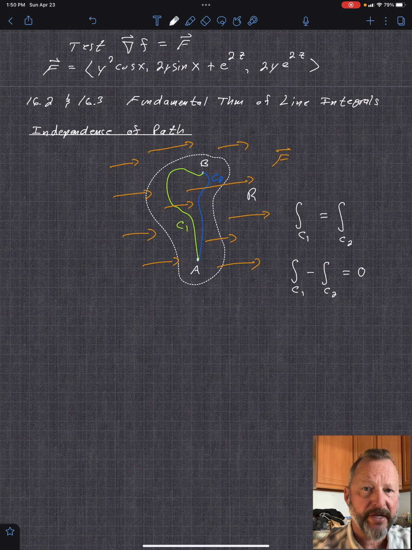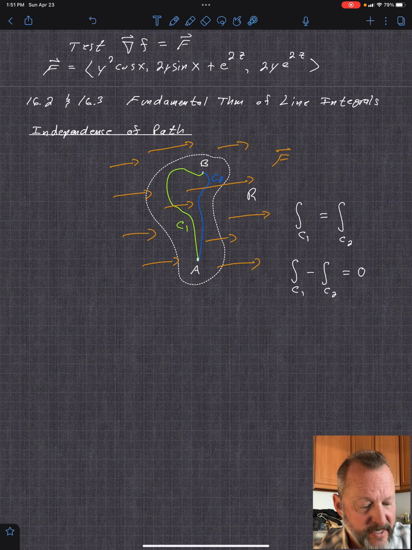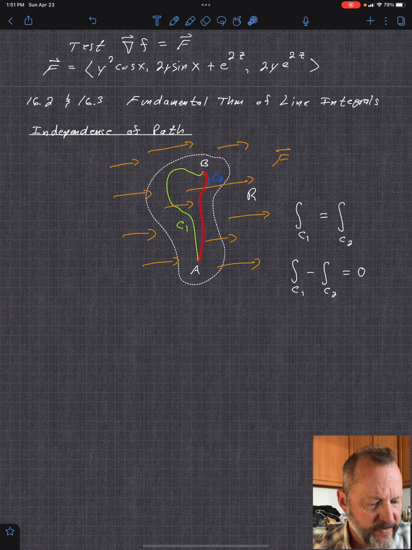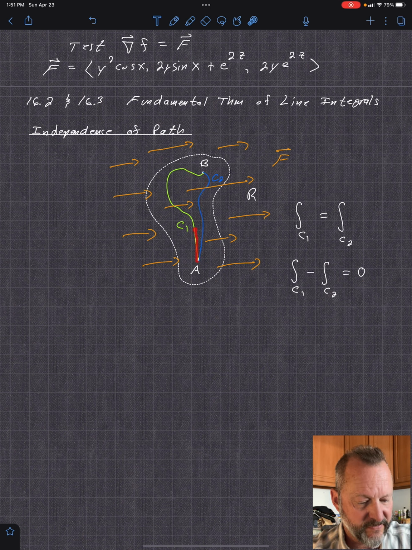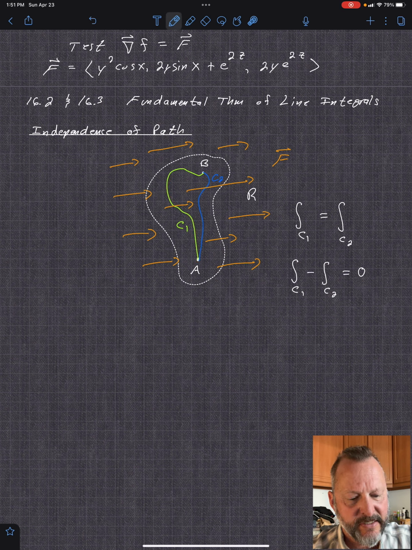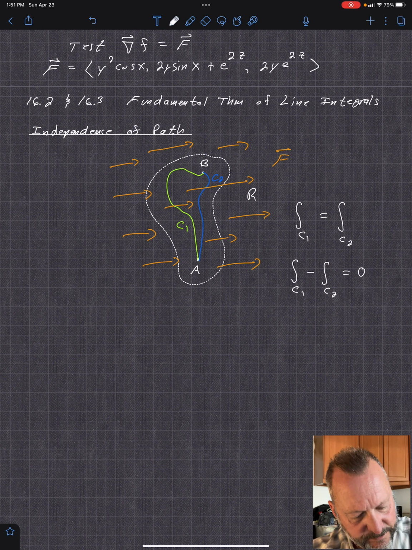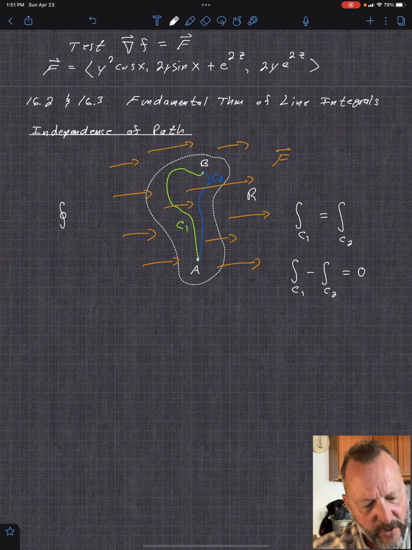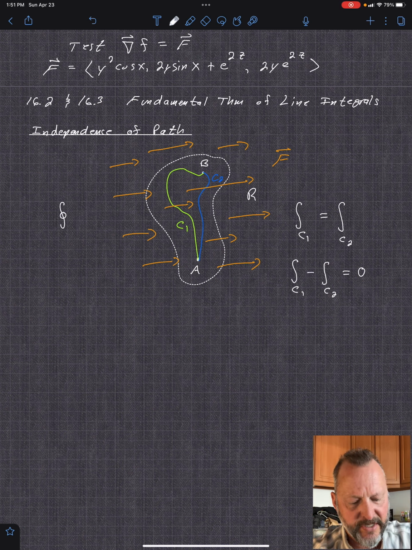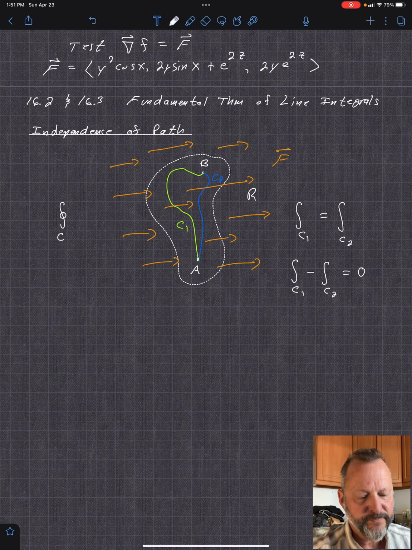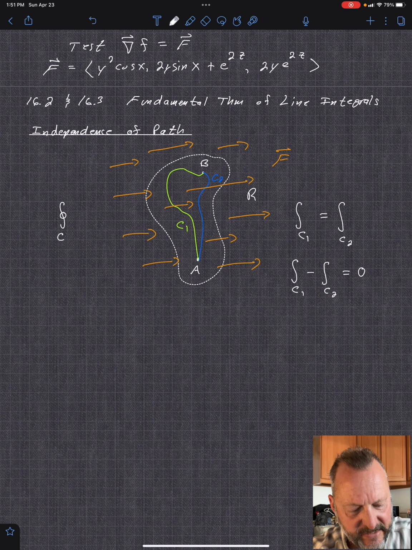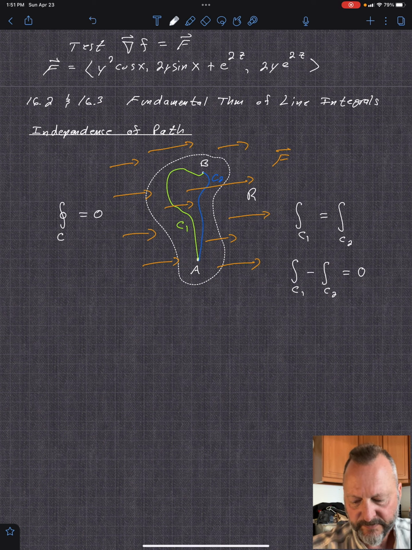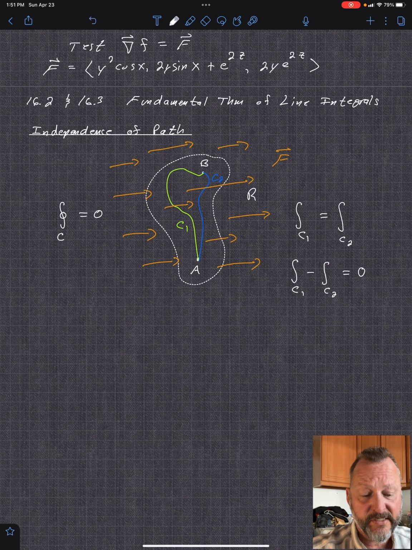But if you consider it as a closed path, you start at A and go up, and then you come back like that, or vice versa, you come back to the same point, then that integral, we call that around a closed path. If there's a little circle there, it means it's a closed curve, and that is equal to 0. Okay, so that's the concept of independence of path.